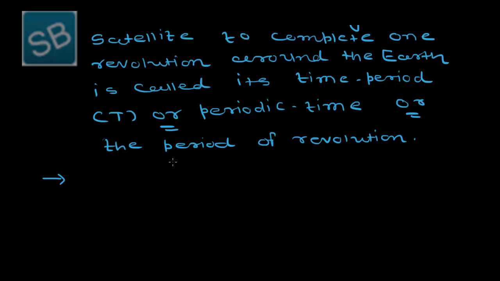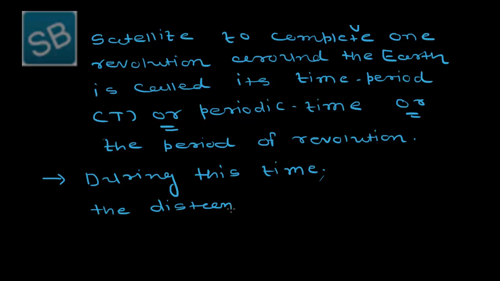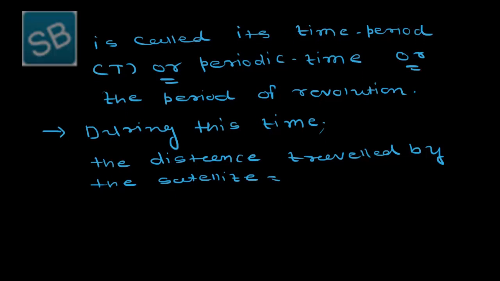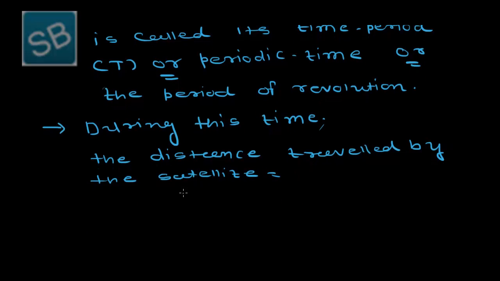Now during this time, the distance traveled by the satellite is equal to the circumference of the circular path.